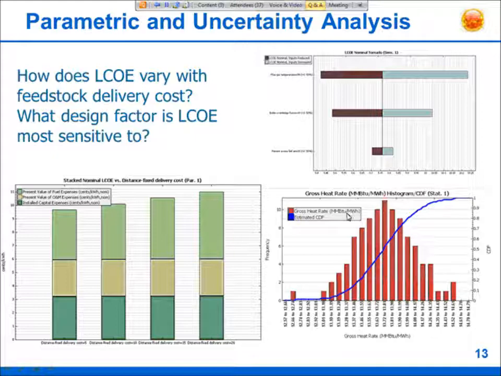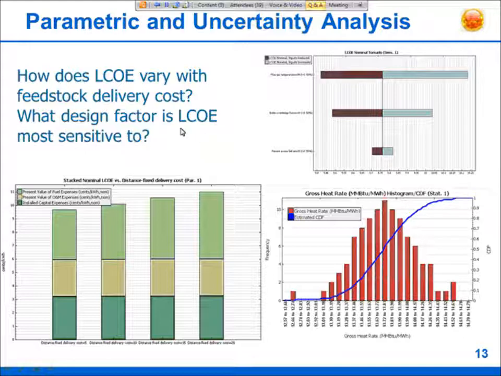And then this tornado graph and histogram are results from an uncertainty analysis where instead of assigning discrete values to the variable, you're assigning a range of values using a distribution that you can specify. And you can use these kinds of graphs to look at sensitivity of different inputs to a given output.